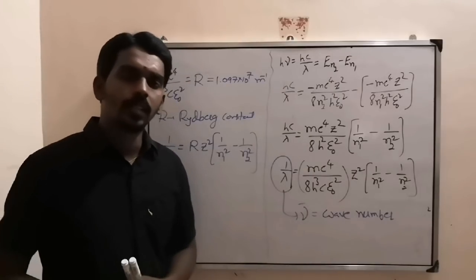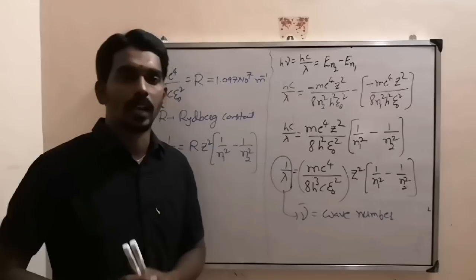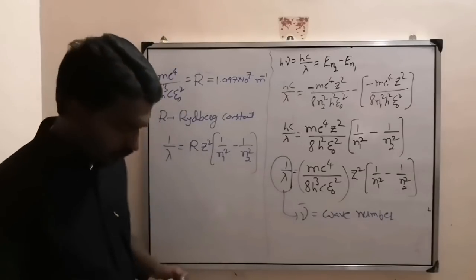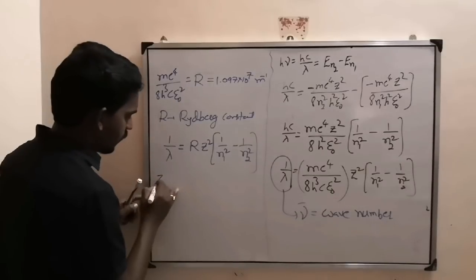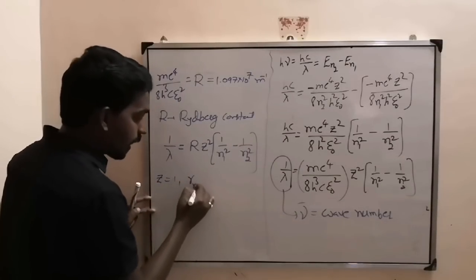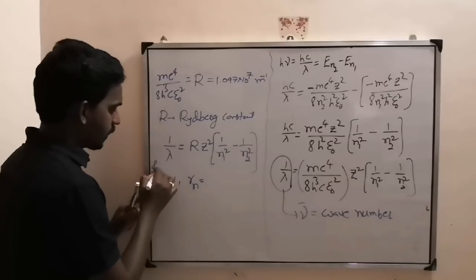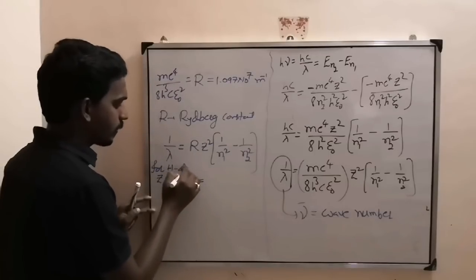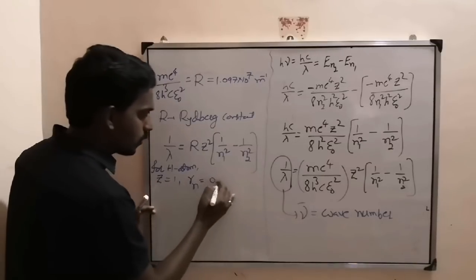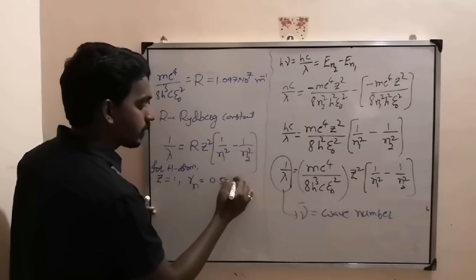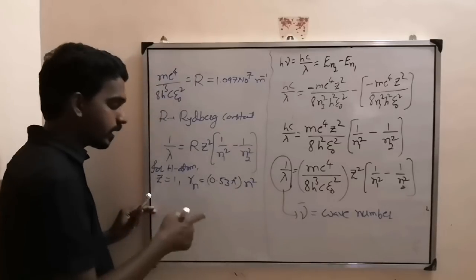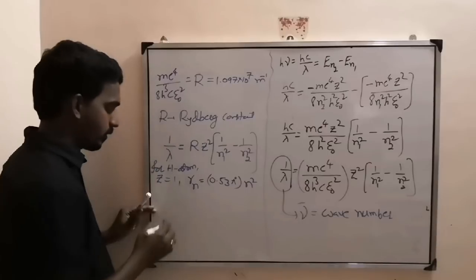But our main interest is to study about the hydrogen atom. So for a hydrogen atom, Z will become 1. Then Rn is 0.53 angstroms times n square by Z, but Z is 1.